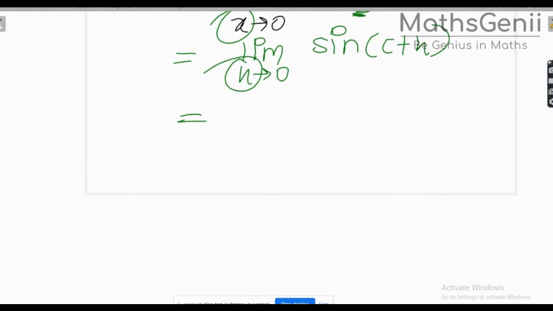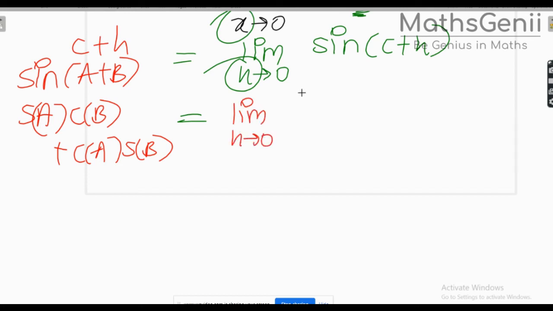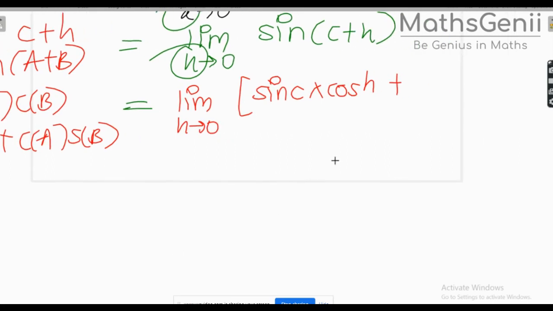So one thing you guys know is sine of a plus b. It's sine a cos b plus cos a sine b. Correct? So in this case, your a is c and b is h. So your answer to this question is going to be limit h tends to 0, sine c cos h plus cos c sine h.